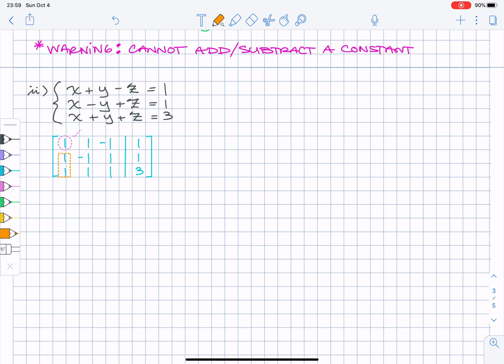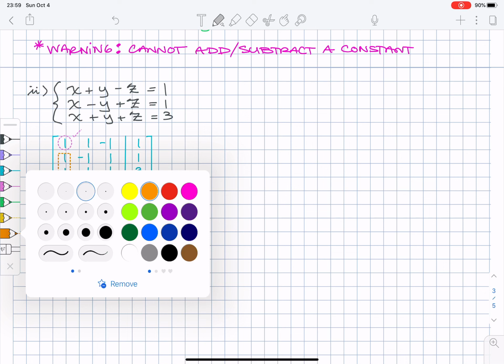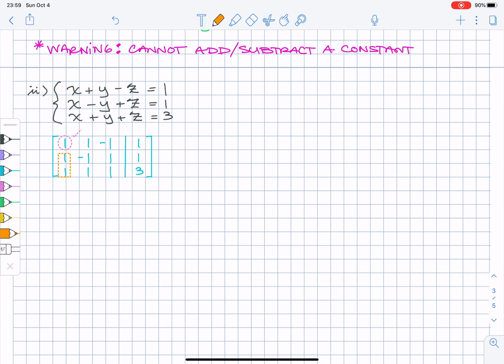Okay, so to that end, I claim that if I have row 2 and row 3 each minus row 1, that'll get me what I'm going for.